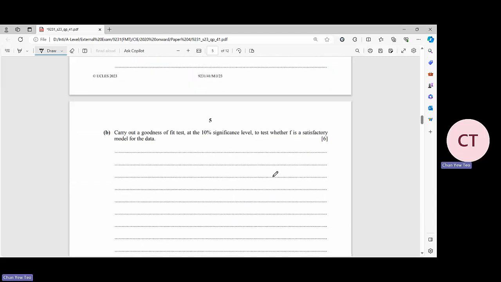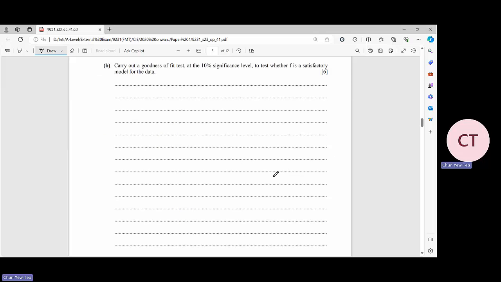So now we move to part B. Carry out a goodness of fit test at 10% significance level to test whether F is a satisfactory model of the data. So we also need to do the chi-square hypothesis test.